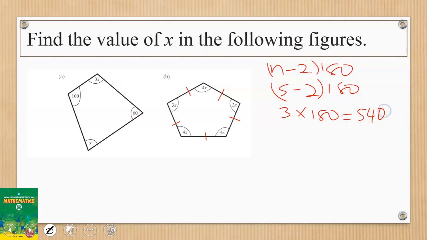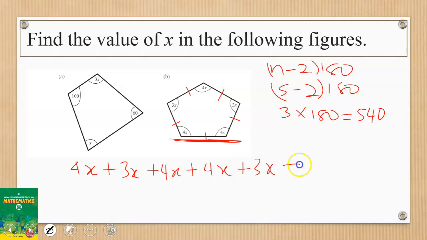Do the calculation well, and we get 540. That means if you sum all the interior angles here, which is 4x plus 3x plus 4x again plus 4x again plus 3x, all should give us 540. That should be 5 interior angles: 1, 2, 3, 4, 5.